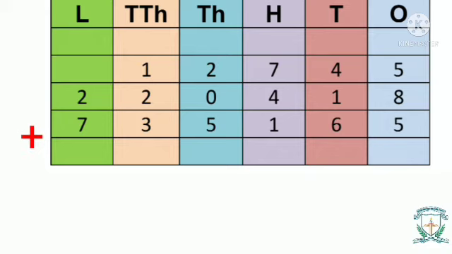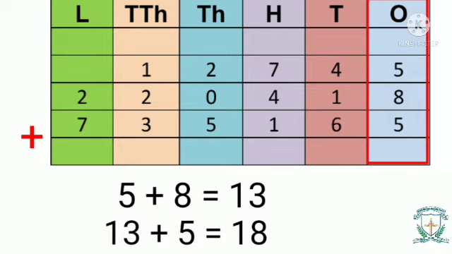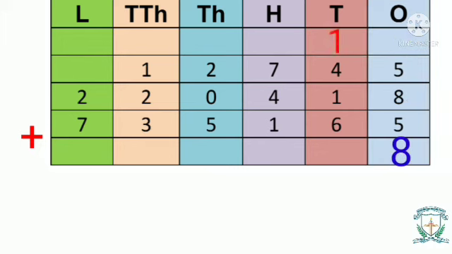Let us begin the addition from the ones place digits. That is, 5 plus 8, which is equal to 13. 13 plus 5 is equal to 18. Write 8 in ones place and carry forward 1 to the tens place.